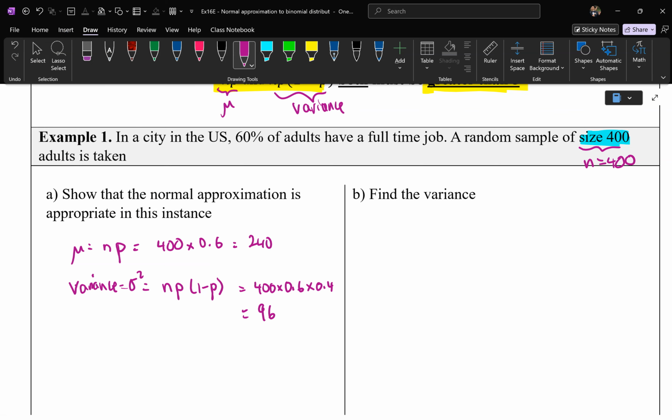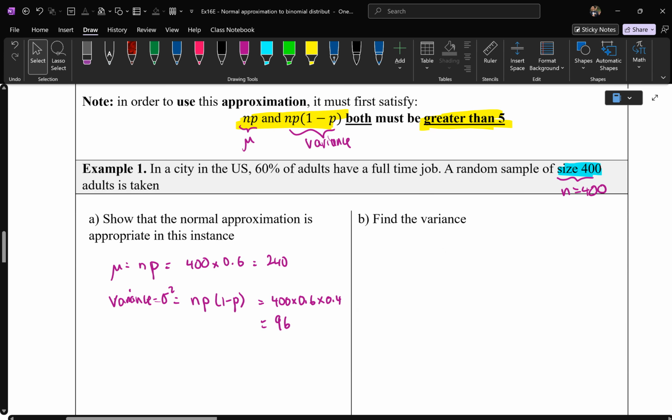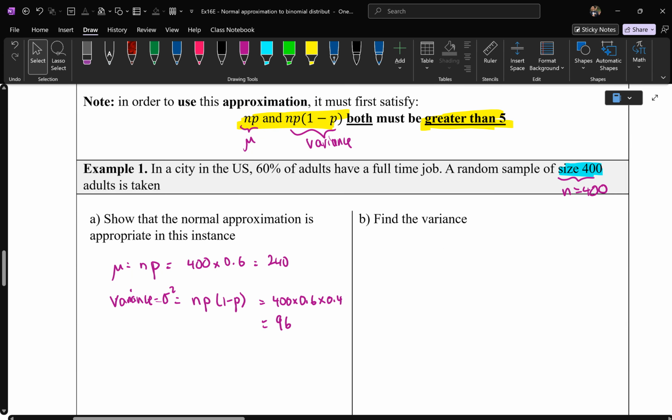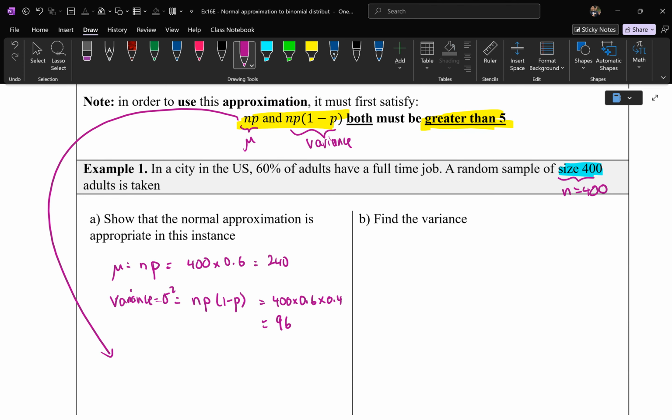So variance is 96. Are they both greater than 5? Yes, they are. And because they are, based on this property over here, we're saying since NP and N(1 minus P) are greater than 5, therefore, you can use normal approximation.